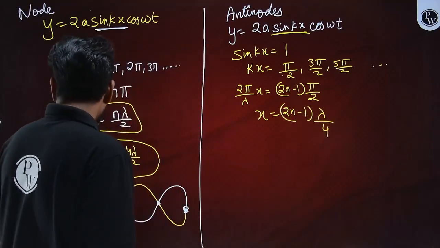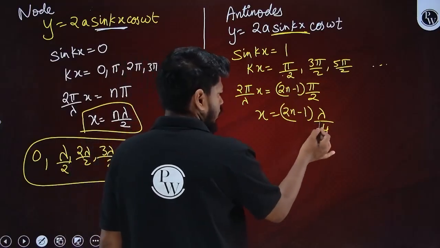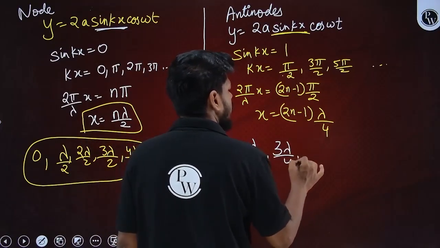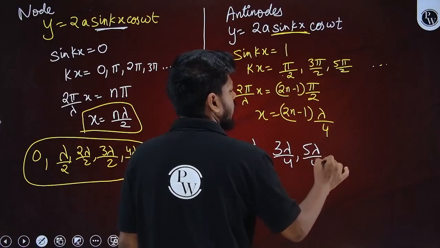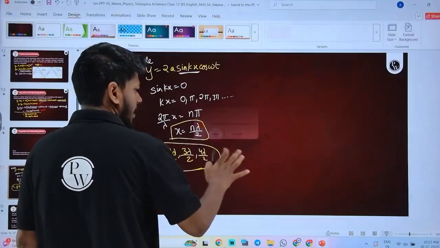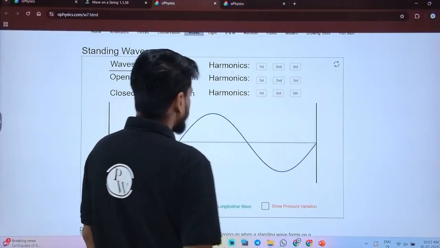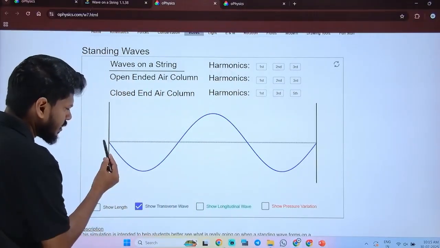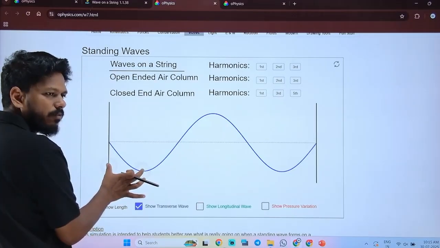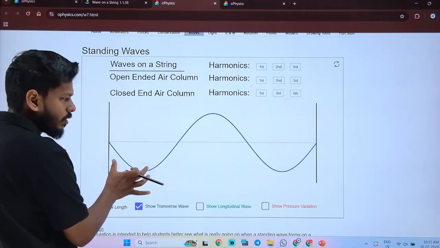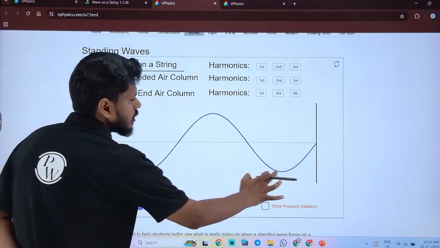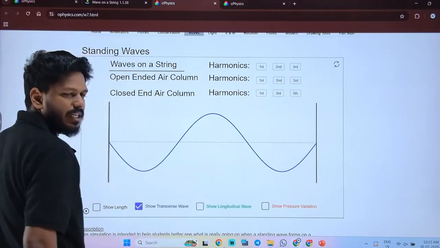So putting n equal to 1, 2, 3, 4, I get λ by 4, 3λ by 4, 5λ by 4, 7λ by 4. Whenever my distance is λ by 4, 3λ by 4, I am going to get the maximum. If you see, this distance is λ by 2, so this will be λ by 4, this distance is going to be 3λ by 4, and this distance is going to be 5λ by 4, right?